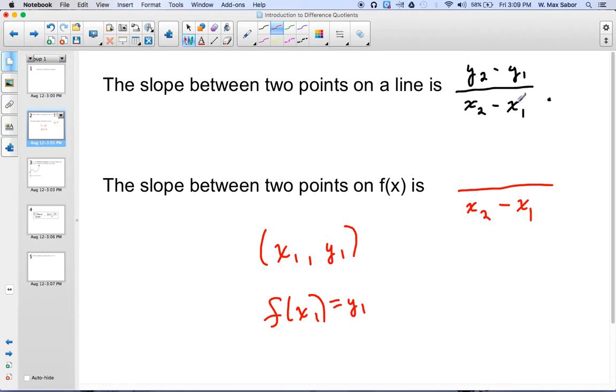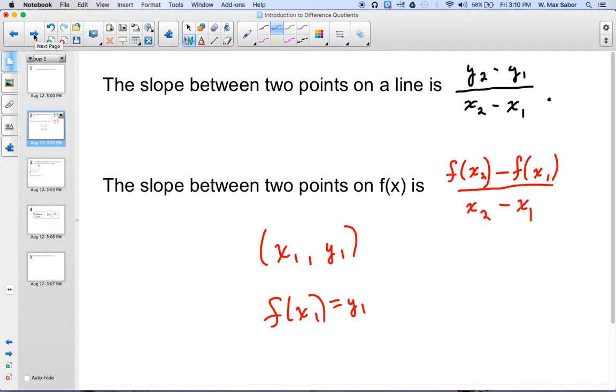So instead of writing y1, we can write f of x1 and f of x2. And this is just a change in notation. We're saying the y-coordinate is the same thing as f of x. So f of x2 minus f of x1 over x2 minus x1.